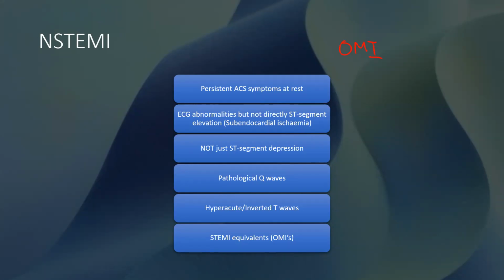But there is a very large portion of patients with NSTEMIs that actually have full occlusion of the coronary artery, but because of whatever reason, it doesn't present as STEMI criteria. So these patients are often easily missed and don't get the treatment they need in a timely manner.